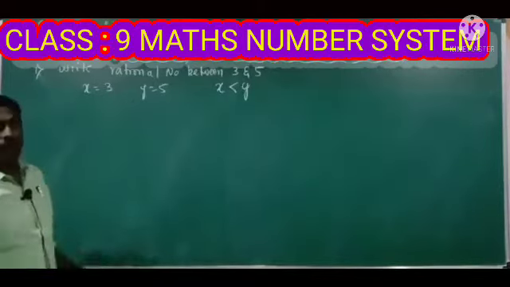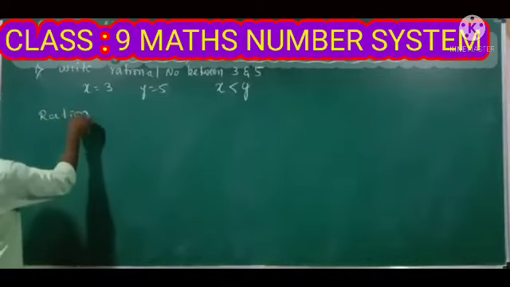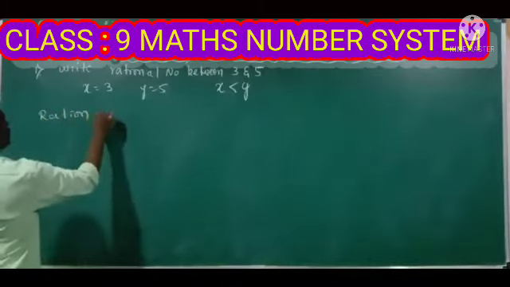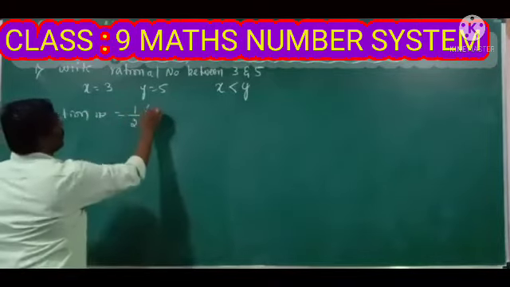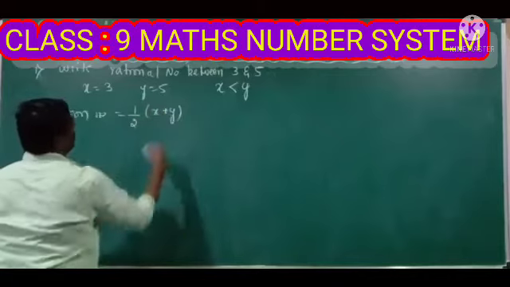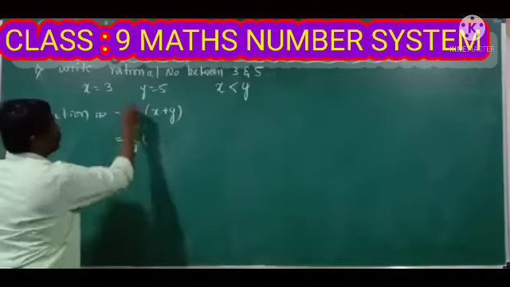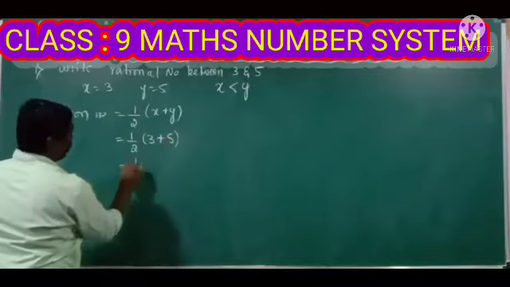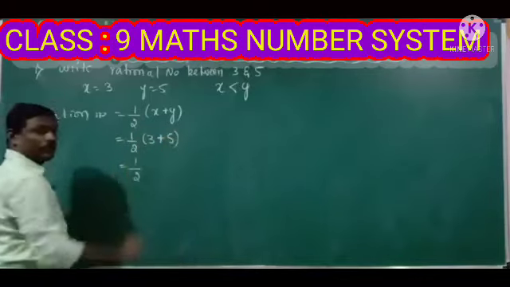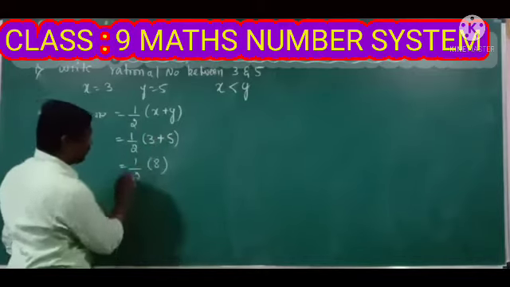Next one. So how are we going to find the rational numbers between any two numbers? If these two are the values, we calculate the required rational number by using the formula half into x plus y, that is 1 by 2 into x plus y. What is the x value? 3. The y value, 5. 1 by 2 into 3 plus 5 is 8.